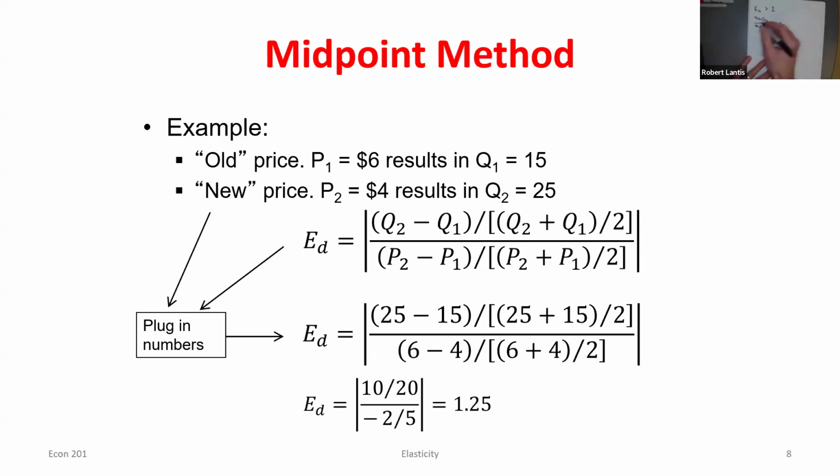I'm going to multiply both sides here by the percentage change in price. So notice when that price elasticity of demand is greater than 1, what inherently does that mean? It means that the percentage change in the quantity demanded has to be greater than the percentage change in price.